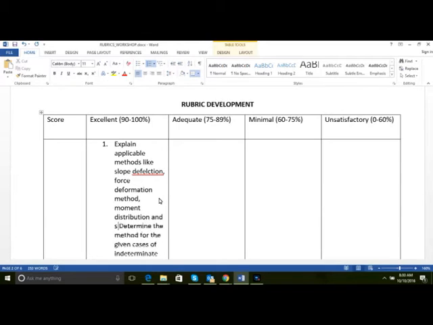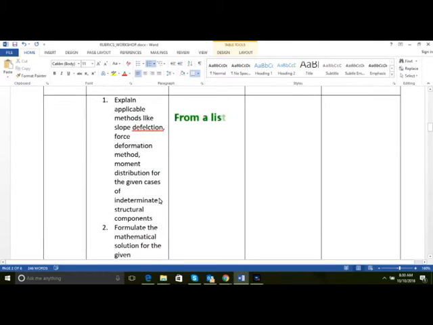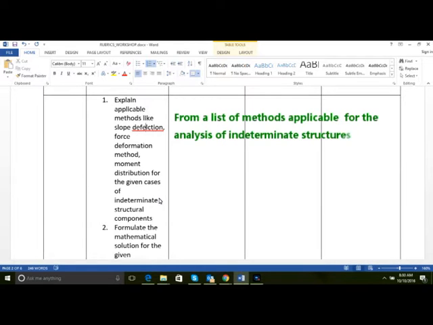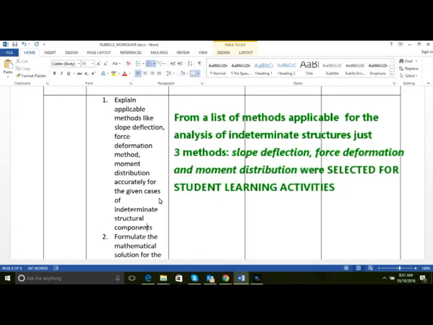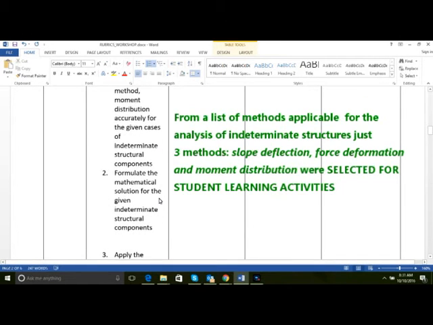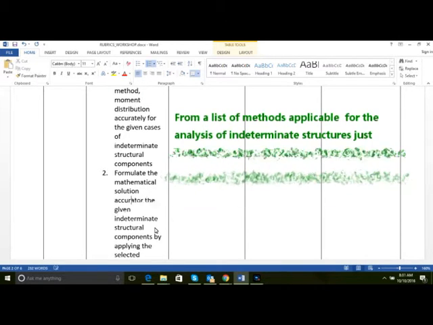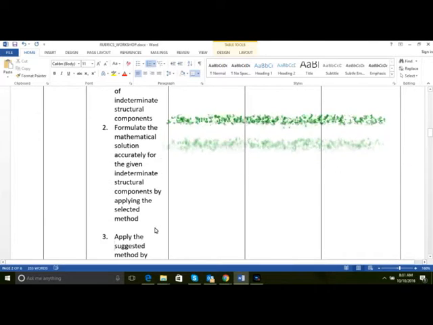There are several methods available for the analysis of indeterminate structures, but the civil engineering faculty decided to test students' conceptual understanding of just these three methods. So for highest expectation, explain all applicable methods, the three methods under discussion, and formulate mathematical solution accurately for these three methods.